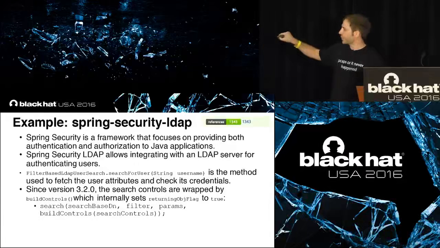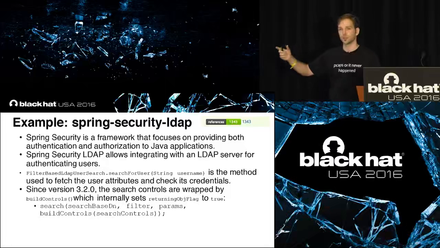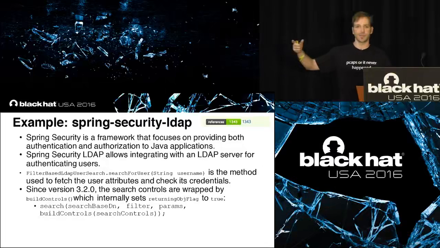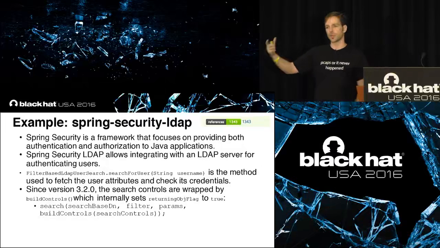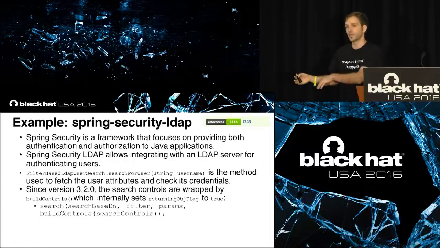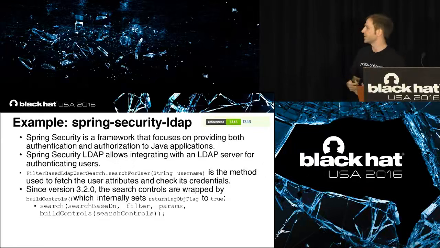And since version 3.2.0, they are performing this search using the returning object flag set to true, meaning that whatever response they get from the LDAP server, they are going to try to decode those attributes as a Java object, and so the attacker will be able to poison these attributes, authenticate with the user, and then compromise the vulnerable application.